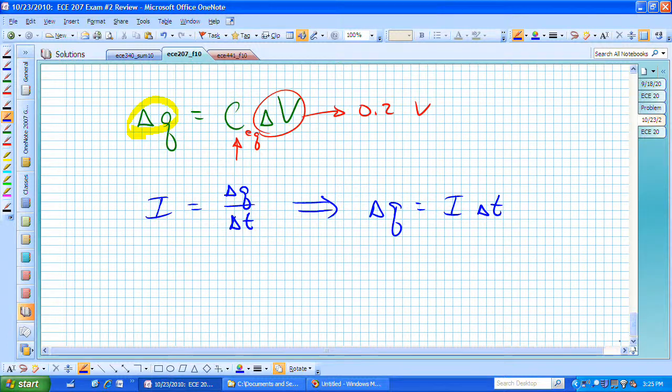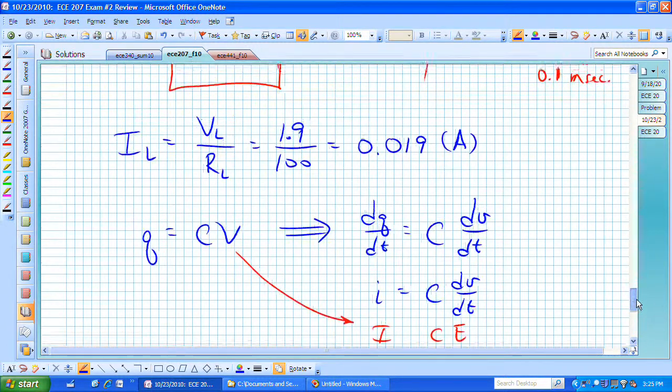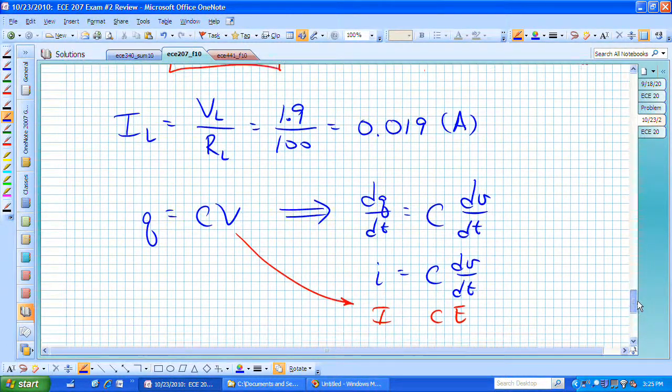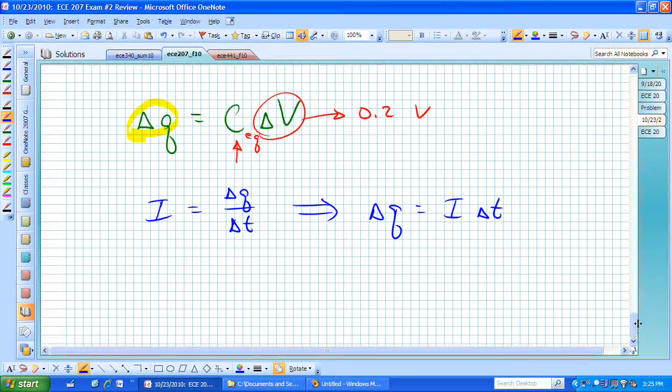And I now is the 0.019 amps that we had calculated before, and we know our length of time. So this is now 0.019 times our length of time, which is 0.1 times 10 to the minus 3, or let's just say that that's 10 to the minus 4.